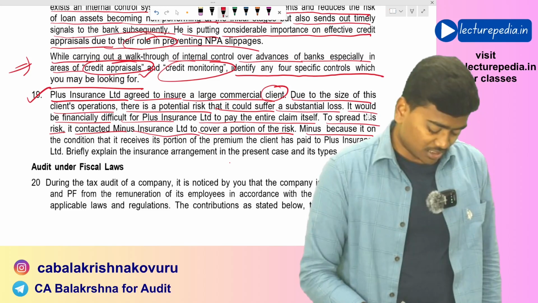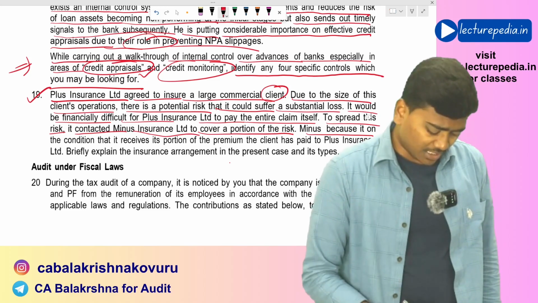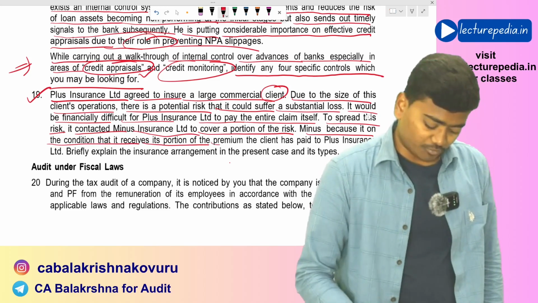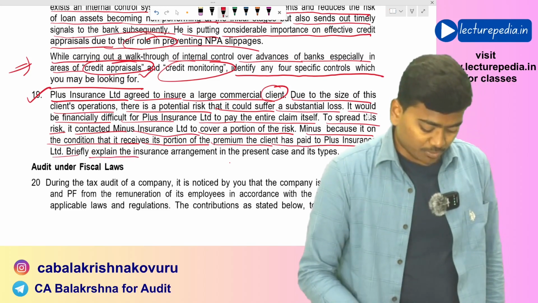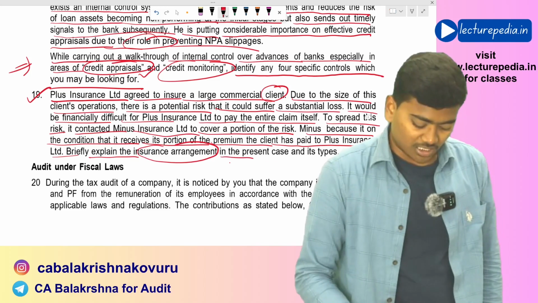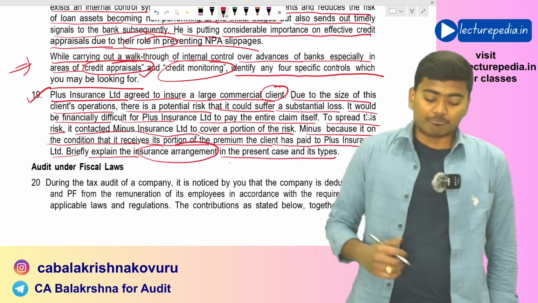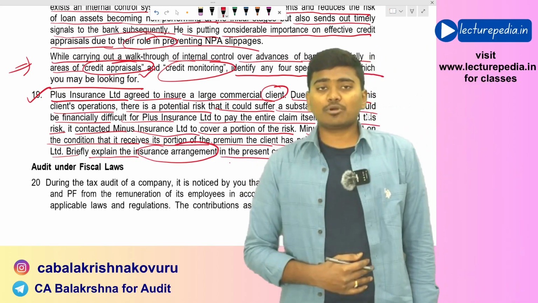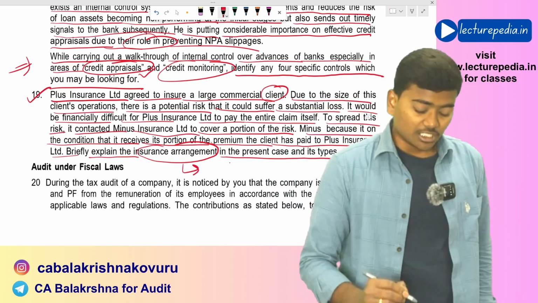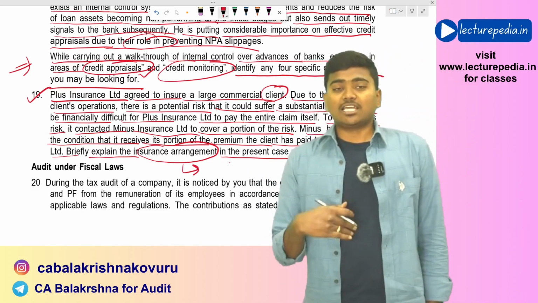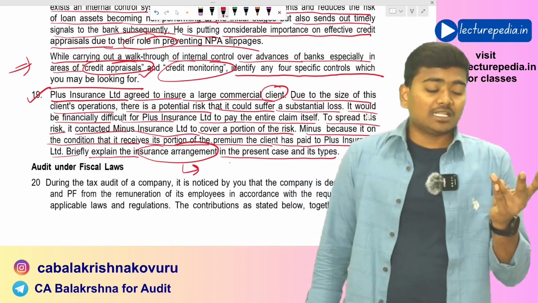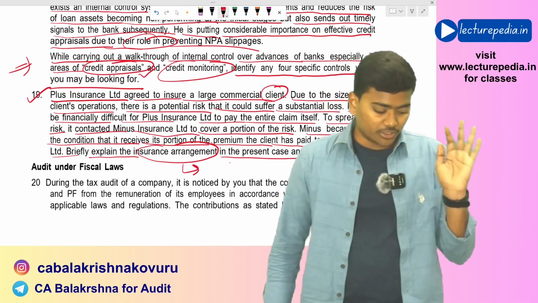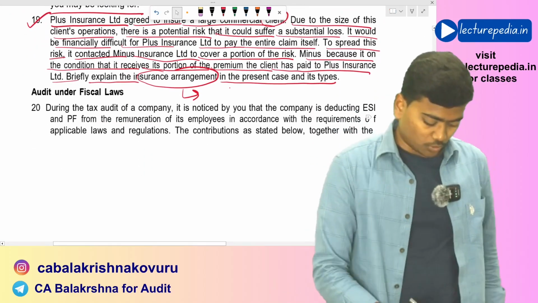Minus agreed on the condition that it receives its portion of the premium the client has paid to Plus Insurance Limited. Briefly explain the insurance arrangement in the present case and its type. Basically, this type of insurance arrangement we call a reinsurance arrangement, and the types of reinsurance arrangement are facultative reinsurance and treaty reinsurance, that you need to explain. Okay, next, question number 20.